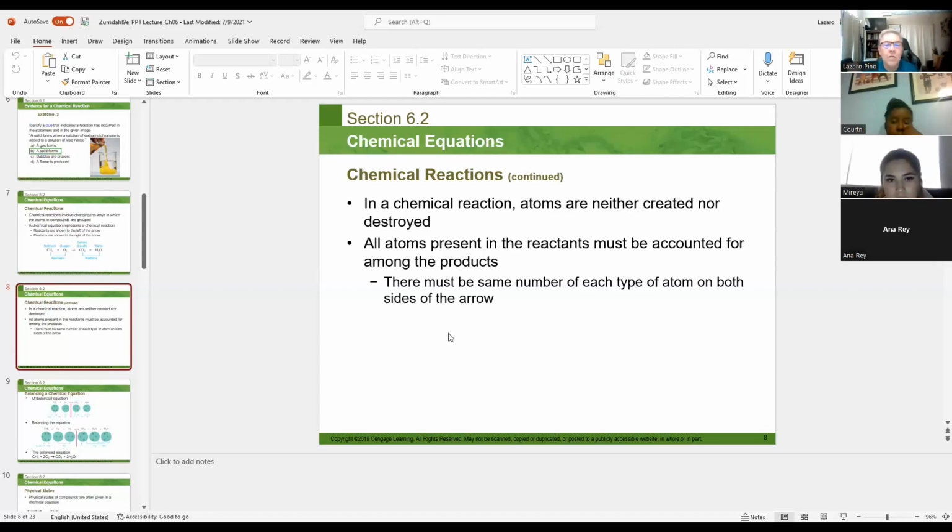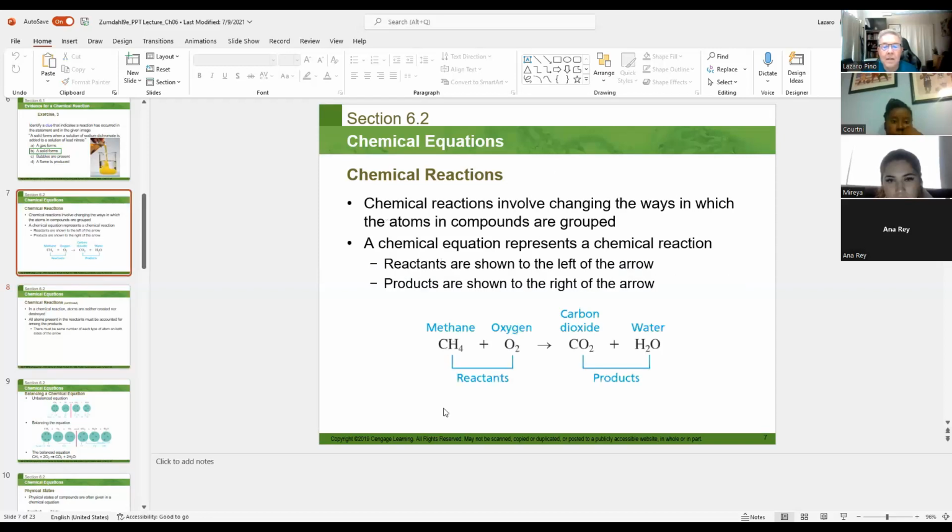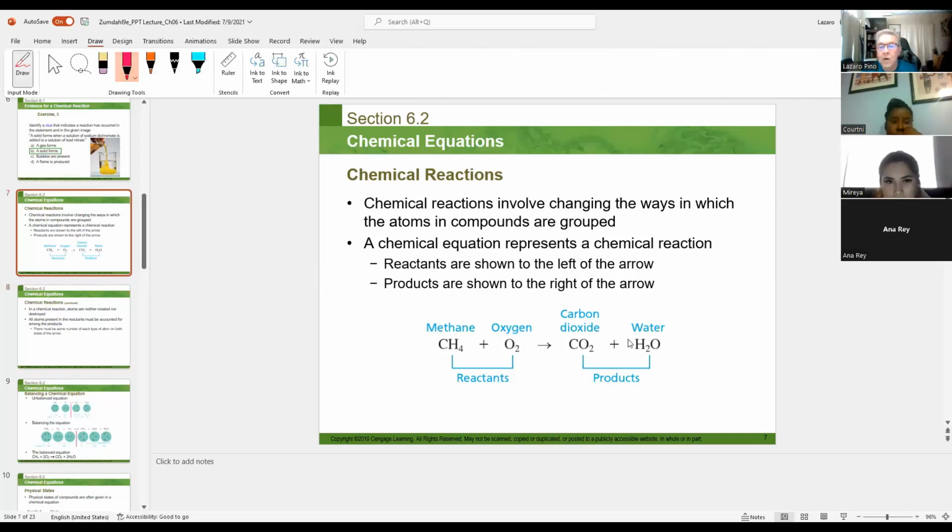All right. For example, let me go back here. Look, one atom of carbon, one atom of carbon. 4 hydrogen. Oh, here I have 2. Then what am I supposed to do in this case? I'm supposed to put a 2 in front of here in order that I have 4 hydrogen.